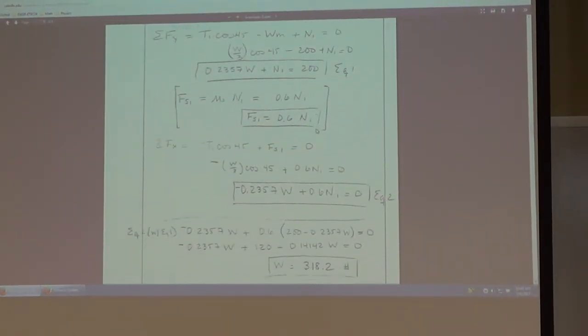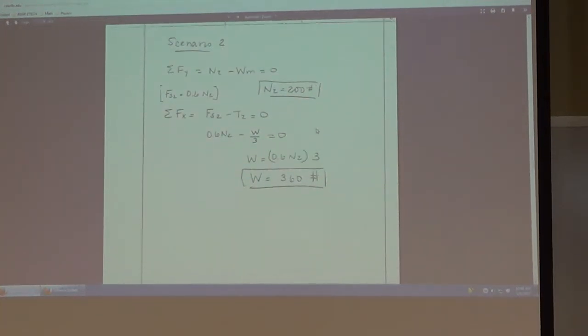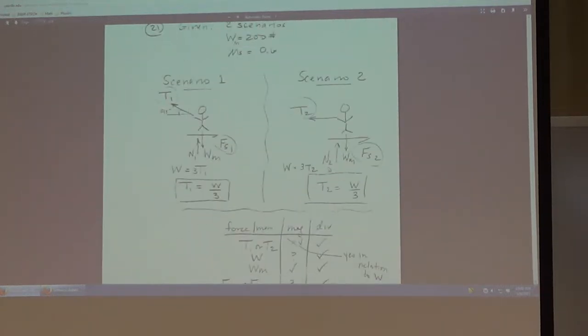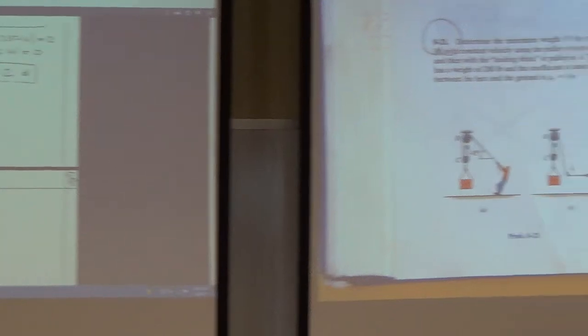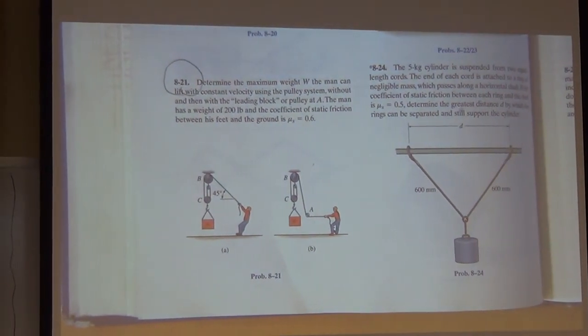Unknowns, scenario 1, weight is 318. Scenario 2, weight is 360. That's kind of cool. What did we just learn? It's worth it to put another pulley in. Right? That's mechanically what we learned. So we had to use 2 scenarios just because they gave us 2 different scenarios.